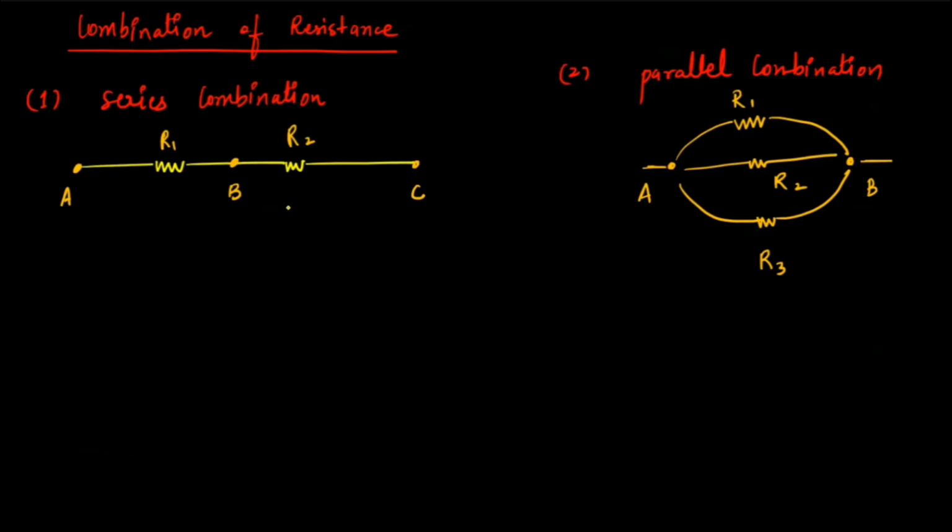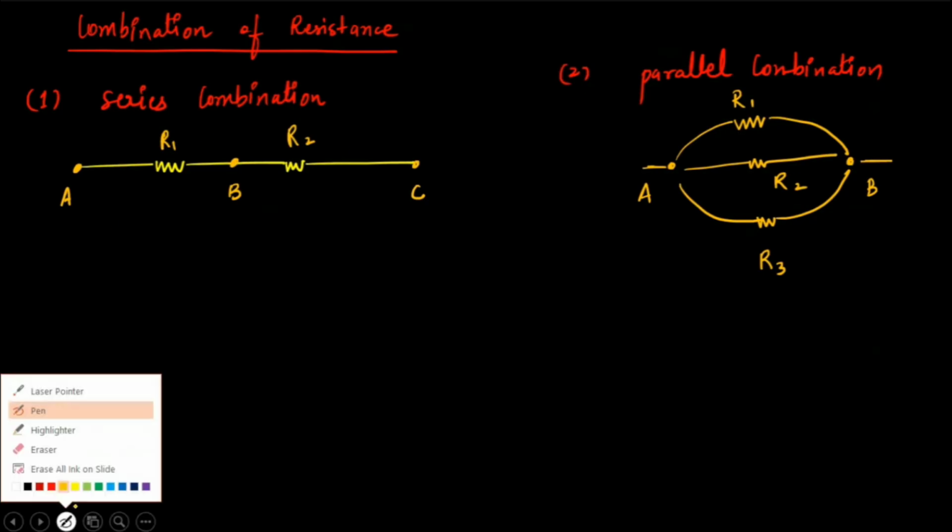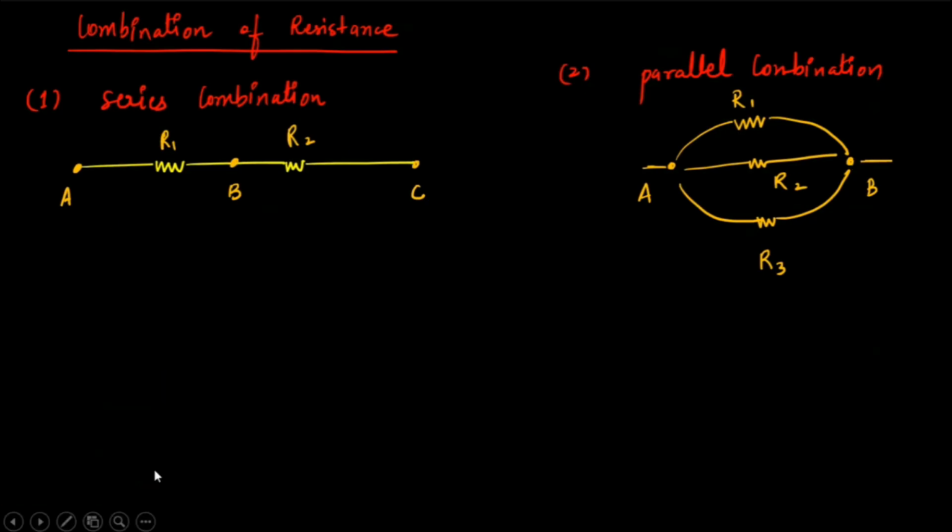Whereas in series combination, it is not so. So what we can conclude from these two diagrams is that if there is a current coming from point A, this current must pass through the same point B as well. So resistances will experience the same current in series combination. That is the first conclusion we can draw from this.